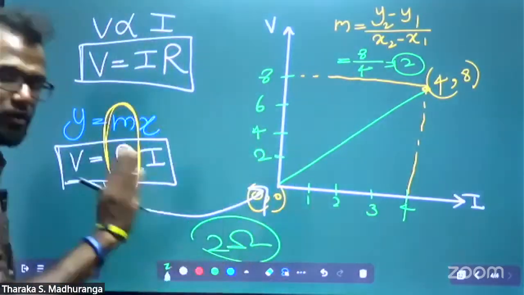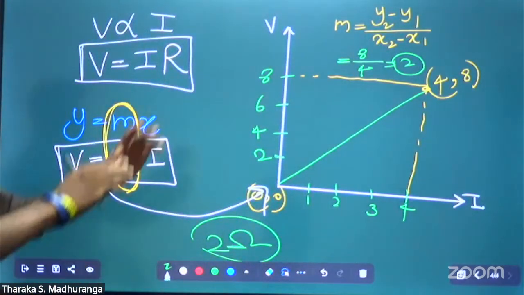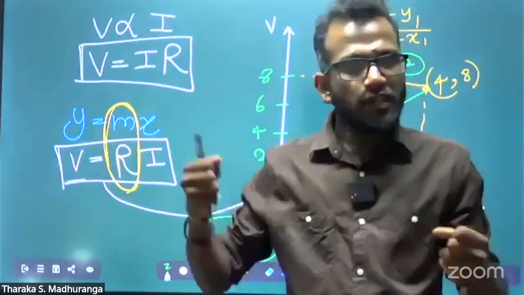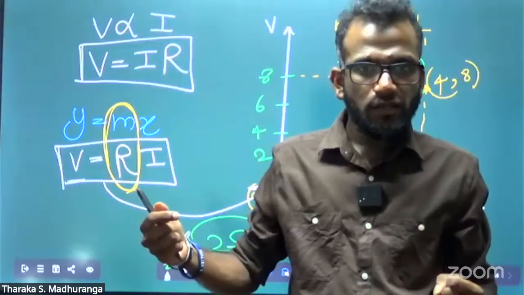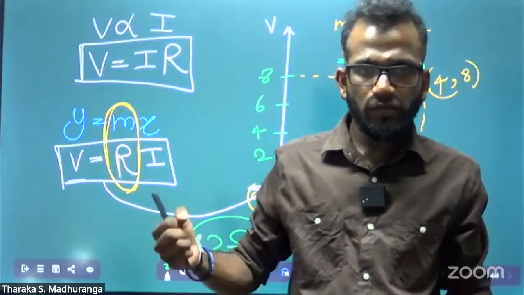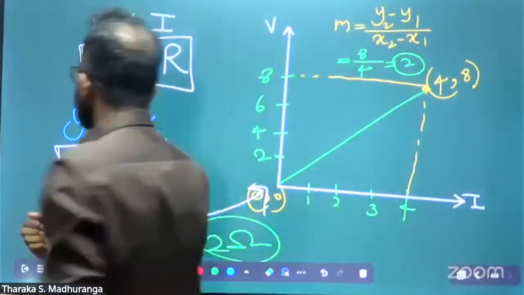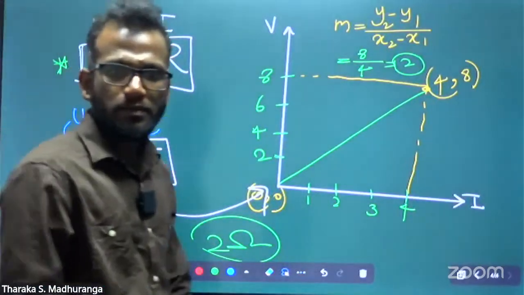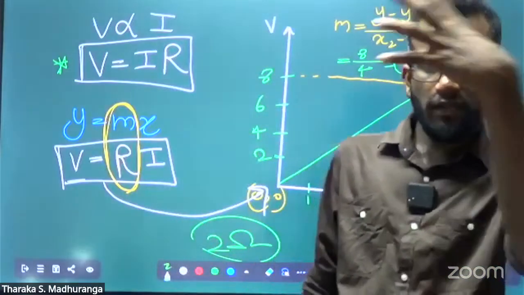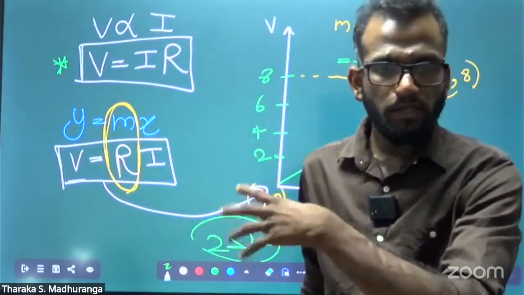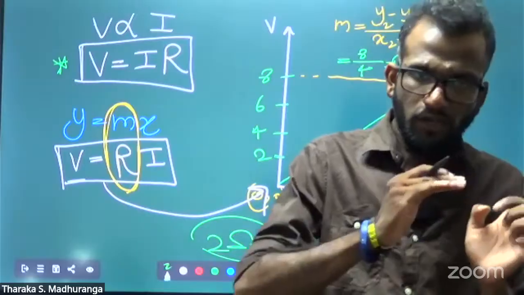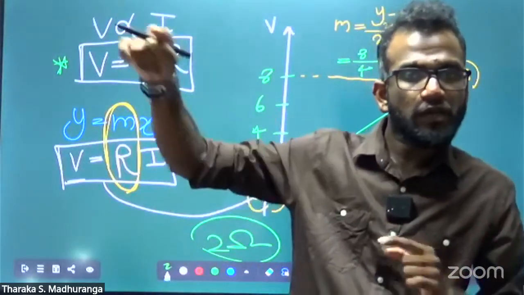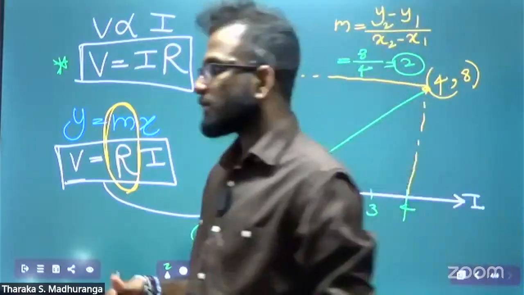Okay. Now come to the point. According to Ohm's law, what is the relationship? V is directly proportional to the current. Then according to this, we can get V equals IR. In the experiment, it is a straight line going through the origin, the 0, 0 point.